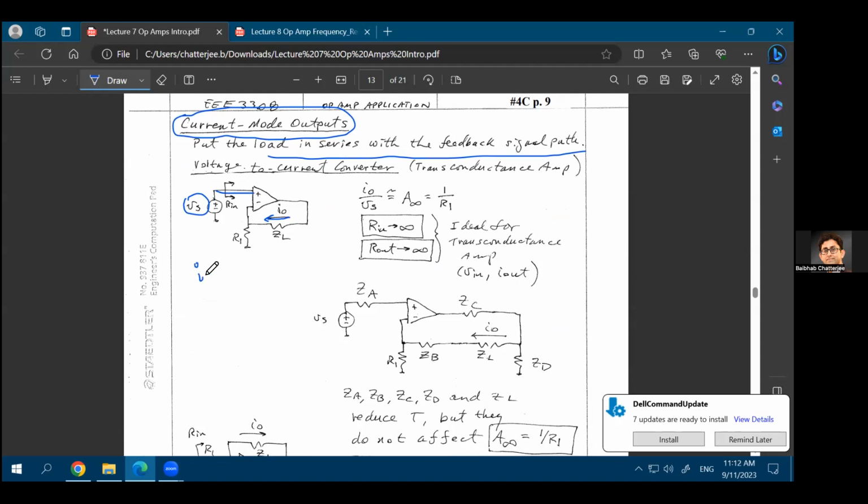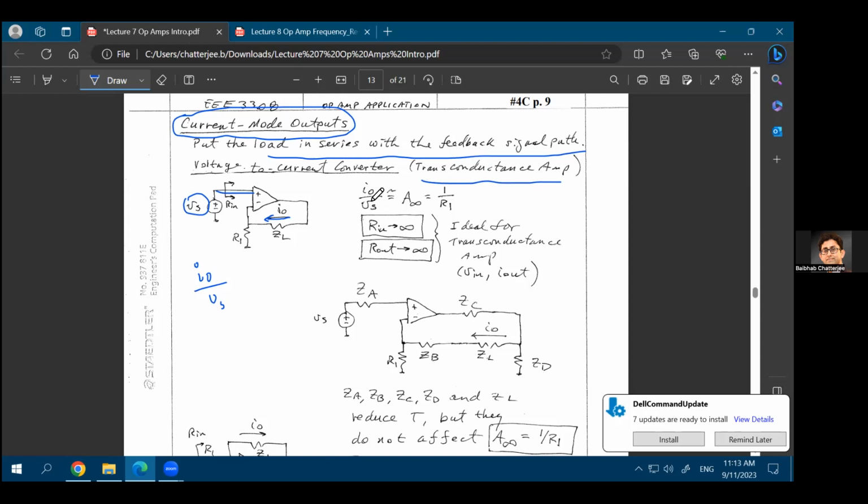The gain is current I naught over voltage Vs. So this is called a transconductance amplifier. Because your output is a current, input is a voltage, current over voltage is a conductance. It's 1 upon resistance, right? 1 upon resistance is conductance. That is how conductive you are instead of how resistive you are. So this is called a transconductance amplifier.